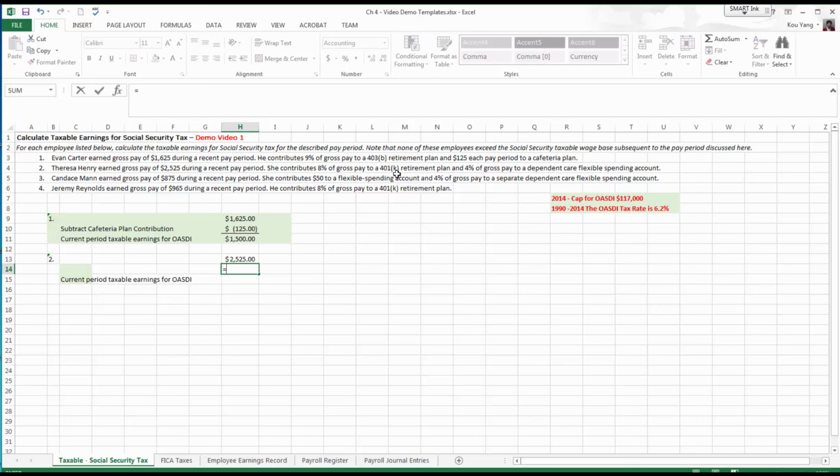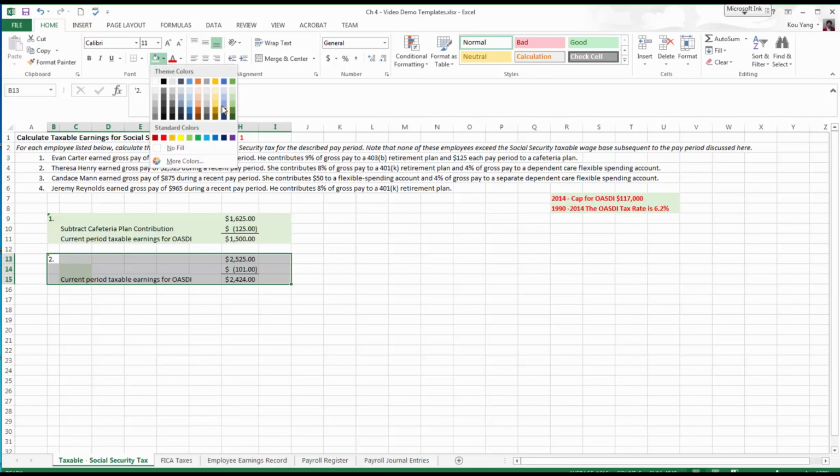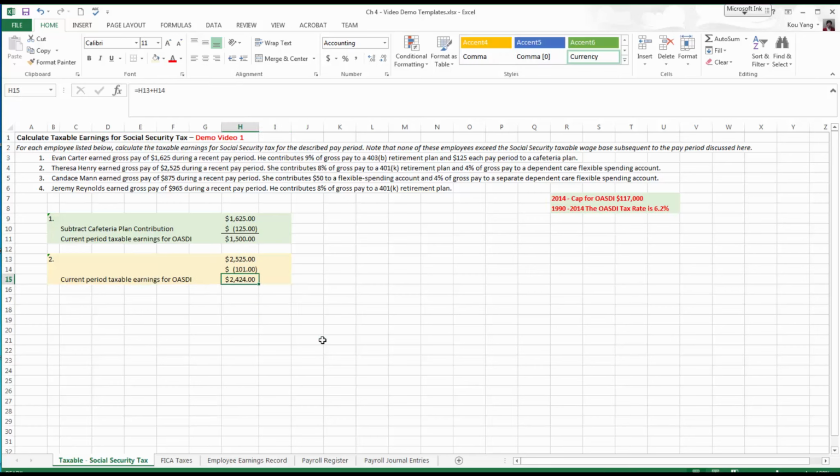And remember, the 401k is taxable, but that 4% of dependent care is not. So I'm going to subtract that $101, and the taxable amount for Teresa Henry is $2,424.